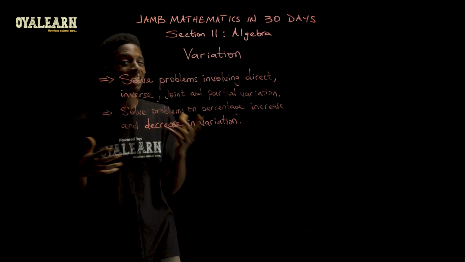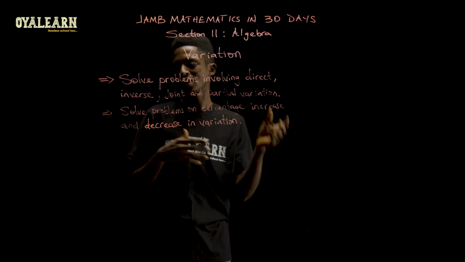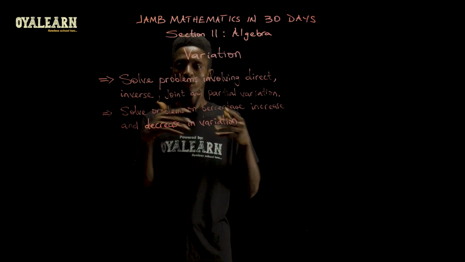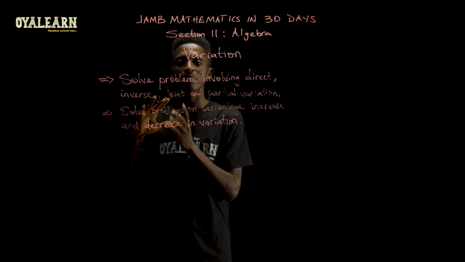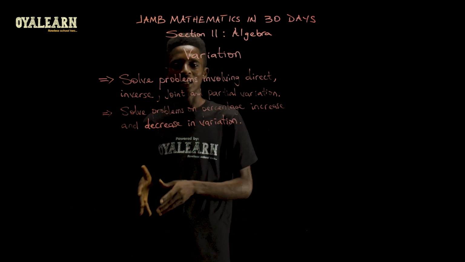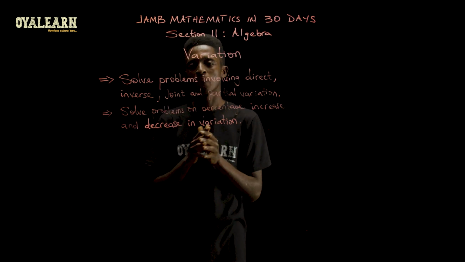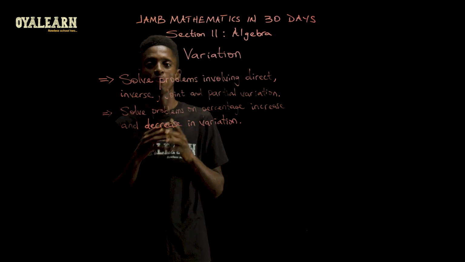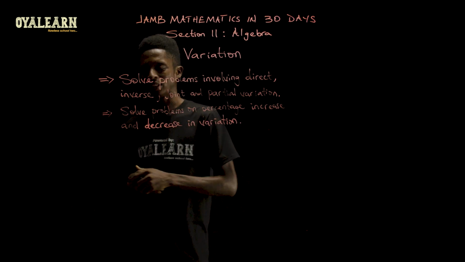Because of the nature of the exam, sometimes you may not find questions on partial and inverse or partial and joint, but you can also find them. They take longer to solve, but you can find more videos on that in the different class sessions we've had on variation. Other questions such as direct and inverse variations, you'll find a lot of in Jamb, so we'll solve many of these as you follow the series.